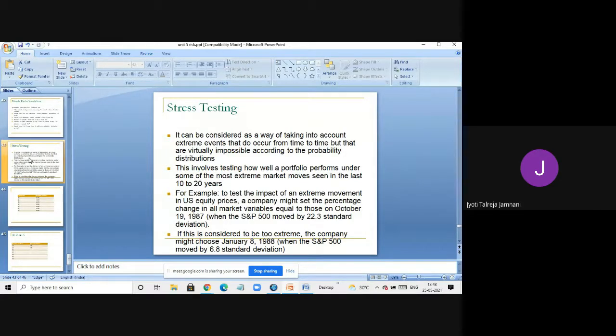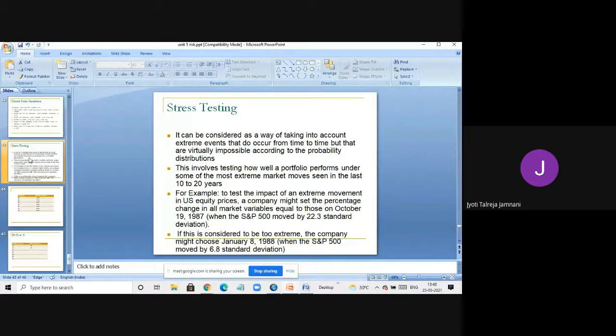This involves testing how a portfolio will perform under some of the most extreme market moves in the last 10 to 20 years. So if you have a portfolio of 5 lakh rupees today, at today's stock market values or index value, you will test how it will perform when the market went to its extreme low.